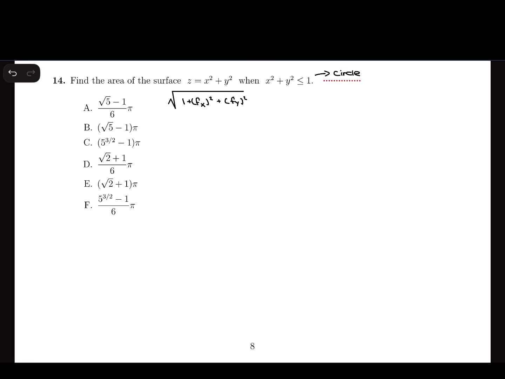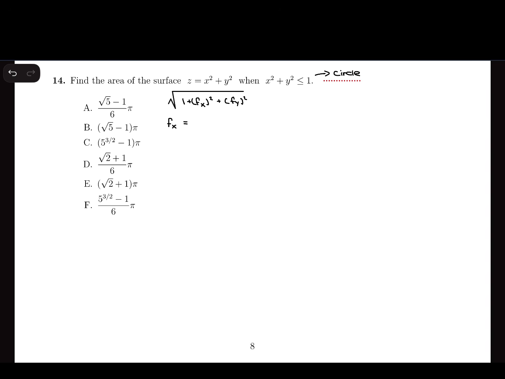This is what we call a stretching factor, but that's not entirely important. In order to find this factor, let's first find the partial derivative of f at x. Or you can also just call it the partial derivative of z with respect to x. But I'll call it f in this case.